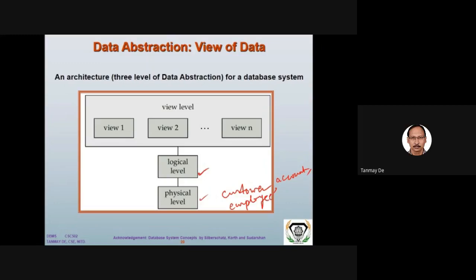These records in the physical level can be described as a block of consecutive memory locations. These records are described as a block of consecutive storage locations, because each record requires one block of memory.